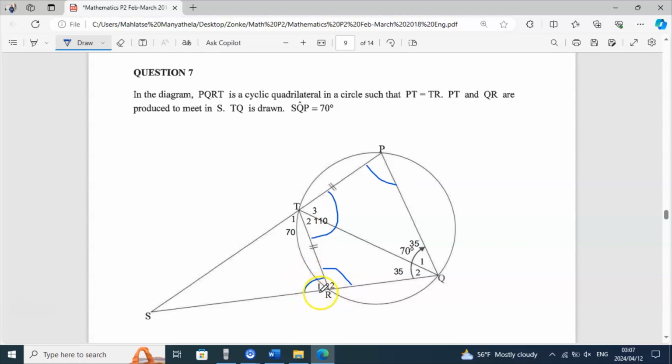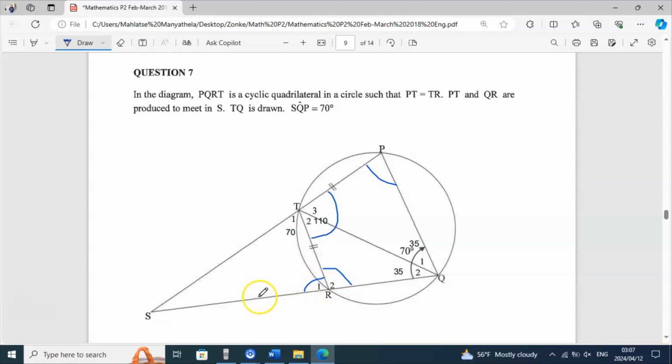And that R1 is equal to angle P, exterior angle of a cyclic quadrilateral. Maybe this will come in handy when we answer the questions. We'll just check, what do the questions say? What is it that is required from you to do?